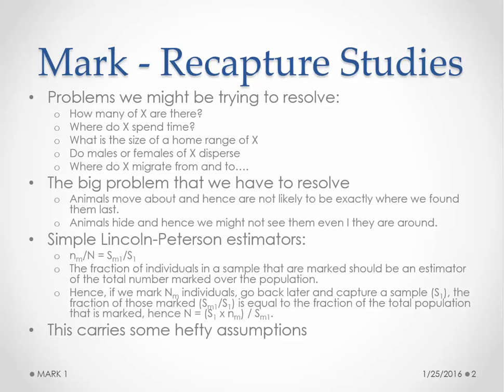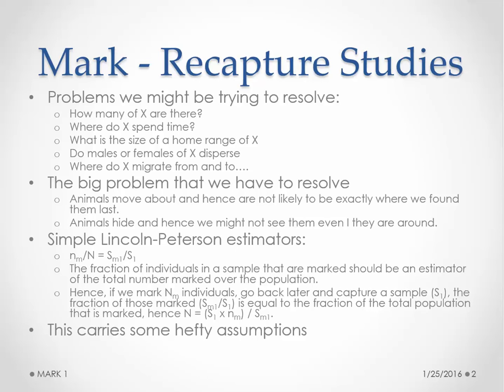It's just this idea that if you went out and marked some number of individuals and threw them back out into the population, then the fraction of those marked individuals over the total population would be the same as the fraction of individuals you capture at a later time that are marked over the number that you capture, if these populations meet some assumptions. So the fraction of individuals in a sample that are marked should be an estimator of the total number of marked over the whole population.